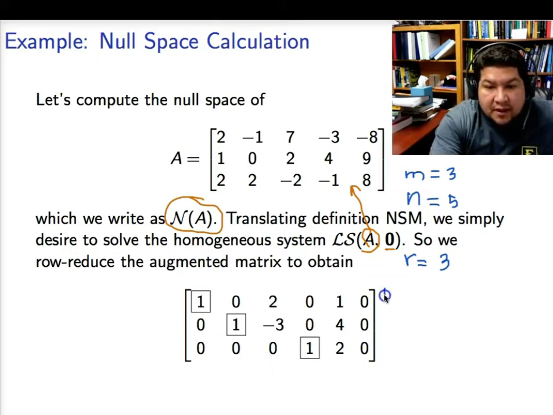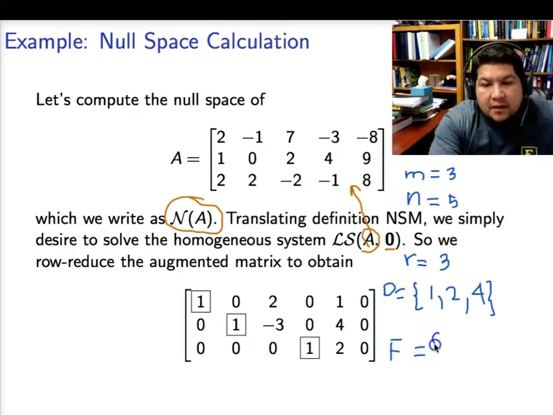In particular, there are indices of variables, when considering this as variables of a homogeneous system, that are considered dependent variables. So here we have index 1, index 2, and then index 4, okay? And then the indices on the set capital F will contain 3, 5, and 6.